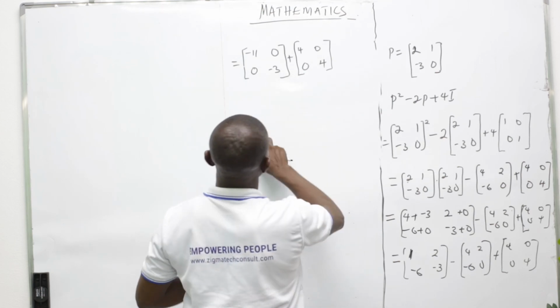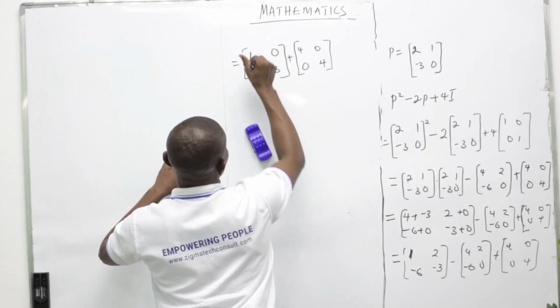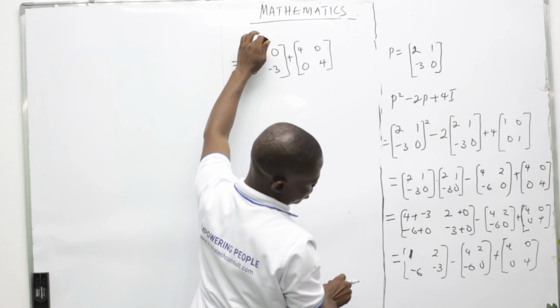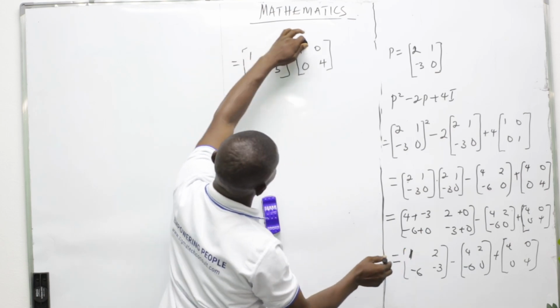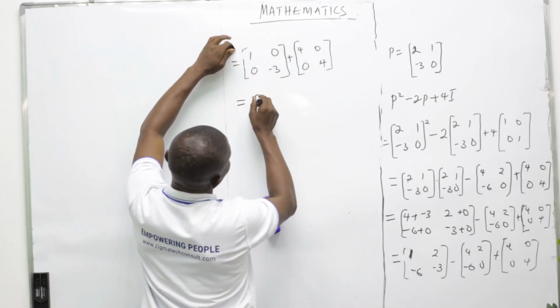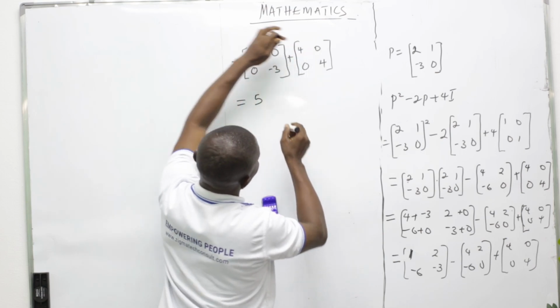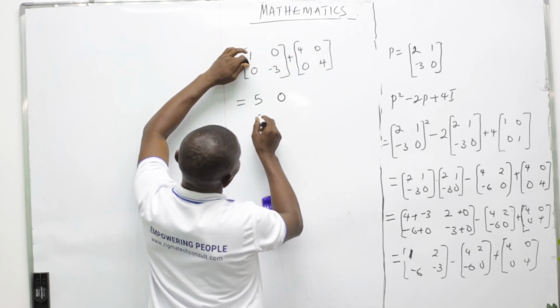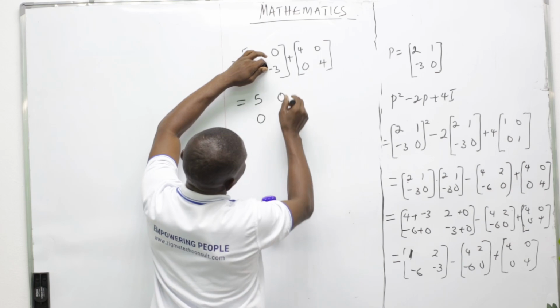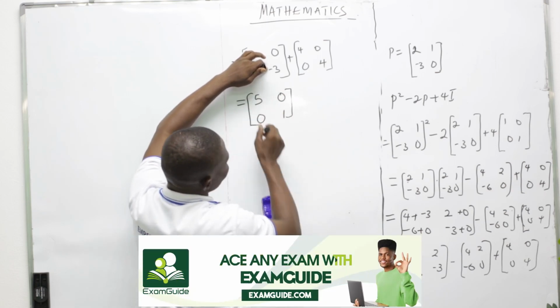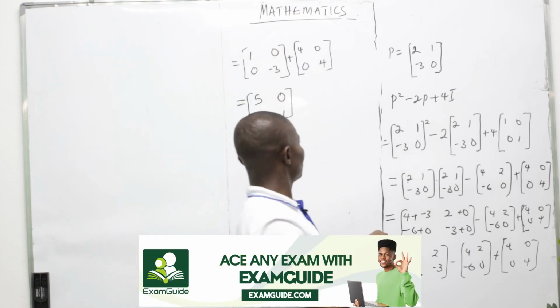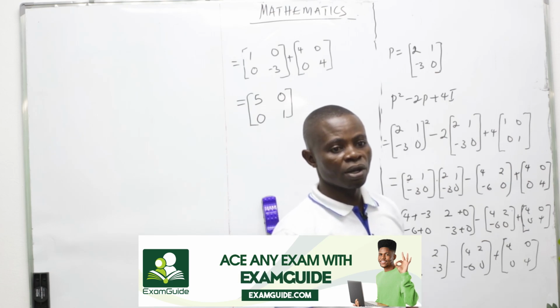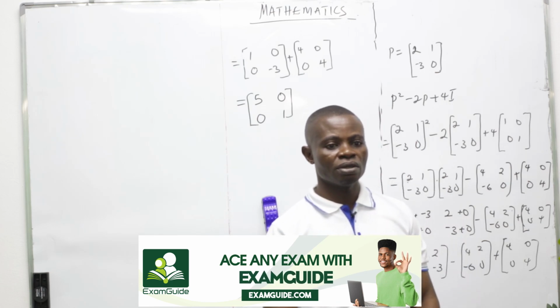Then, this is 1. Correct it here. 1 plus 4 will give us 5. 0 plus 0, 0. This is 0. Then 1. So the solution is what? 5, 0, and 0, 1 as the solution.